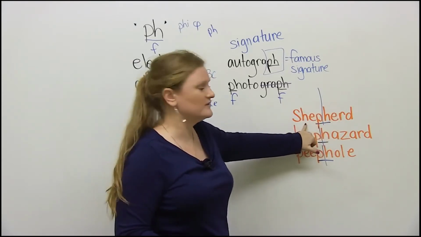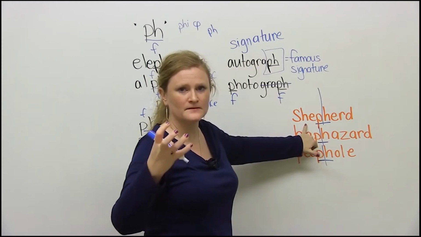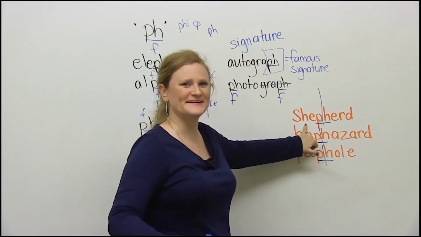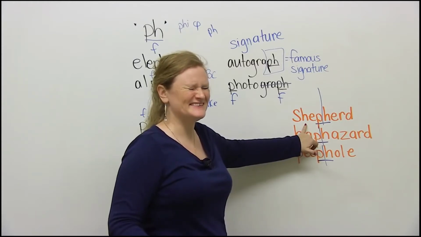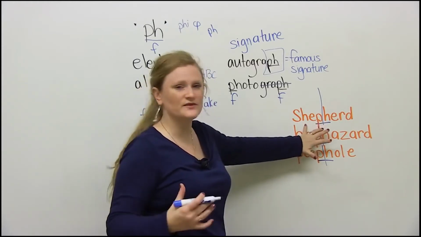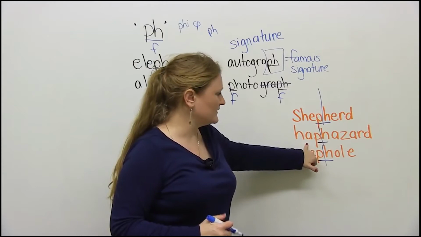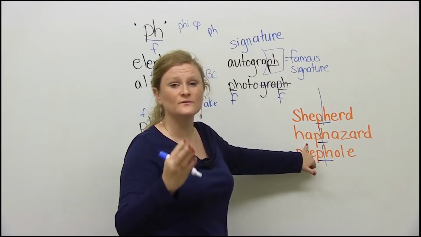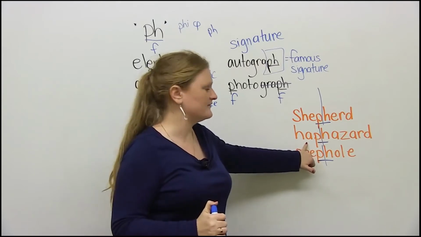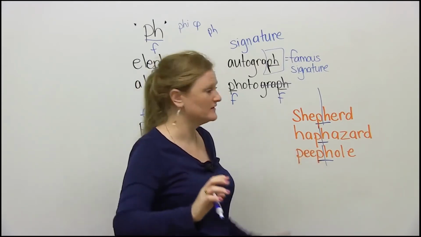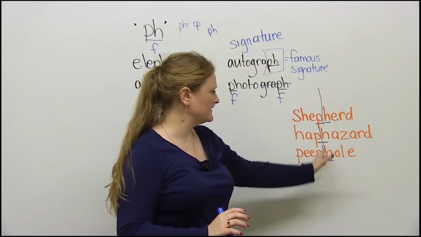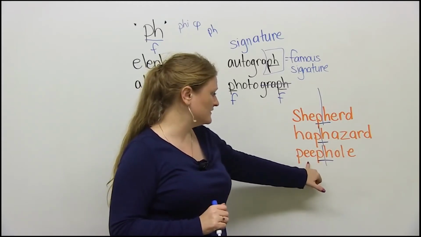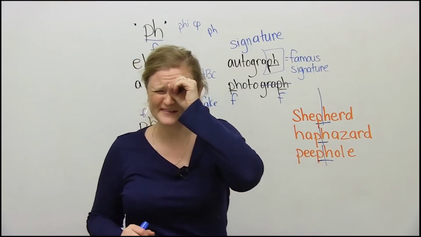We actually have to separate the P and the H sound in these words. The first one is shepherd. A shepherd is a person who hangs out with sheep. We don't use this word a lot. This word haphazard, it has something to do with danger. You need to take a break in between the P and the H in these words. And the last one is a peephole.